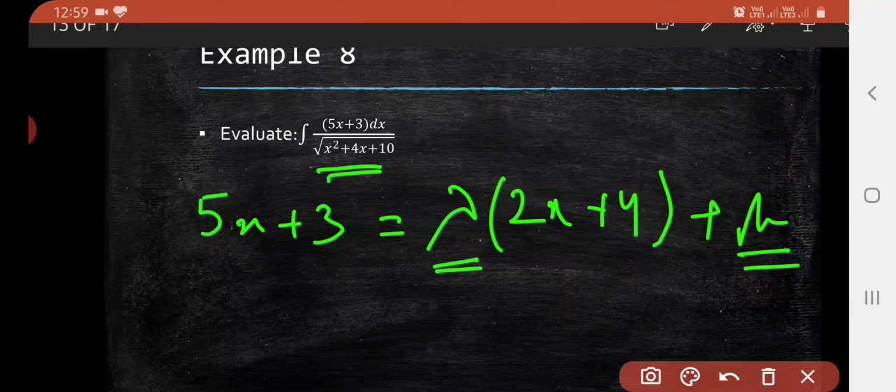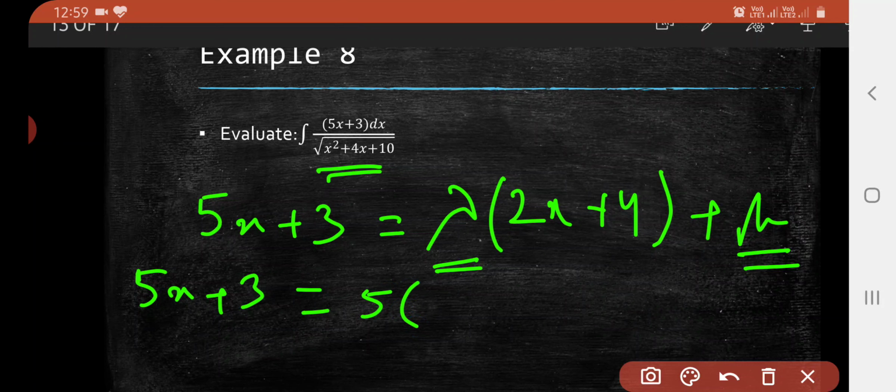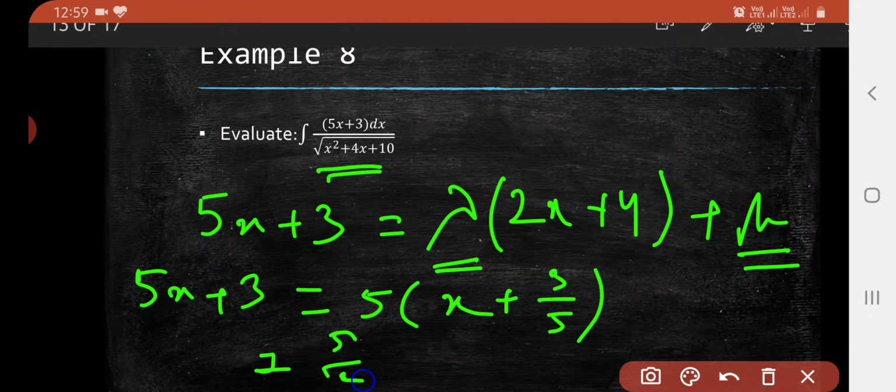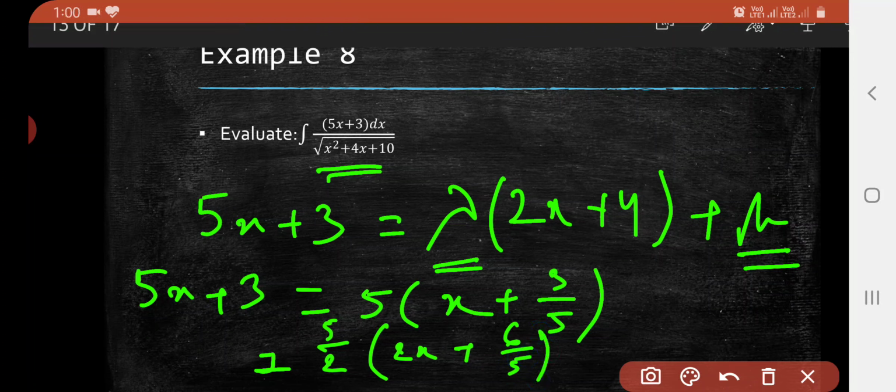See how to use the trial and error method. 5x plus 3, this is what you are given. So can I take this 5 common out and write this as x plus 3 by 5? See, I can write this. Then I can write this 5 as 5 by 2 into 2x plus 6 by 5.